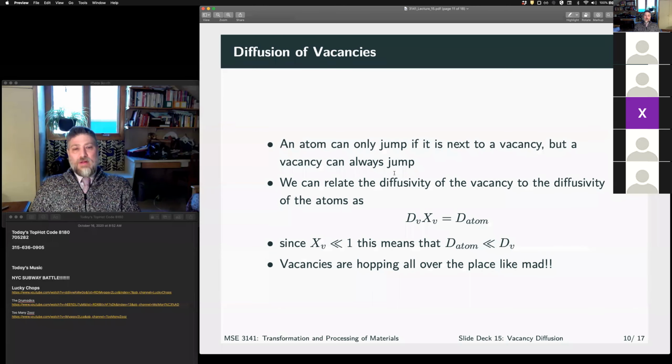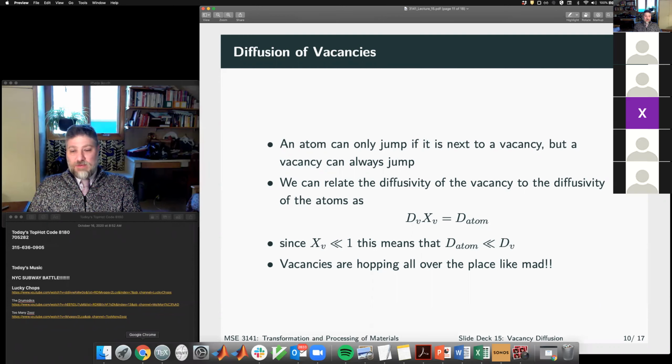So if we think about this diffusivity a little bit, one way to look at vacancy diffusion is we can talk about atoms hopping into a vacancy, and we can look at how fast those atoms hop, right?